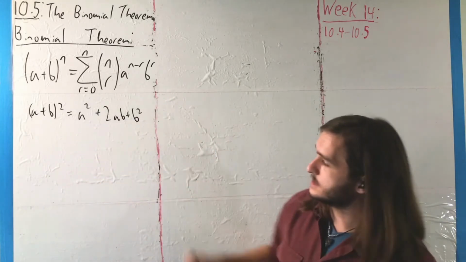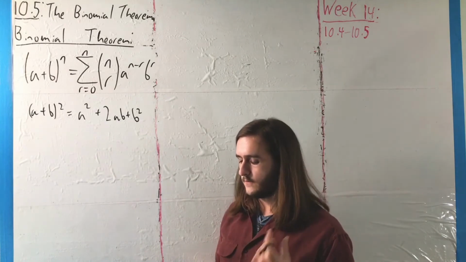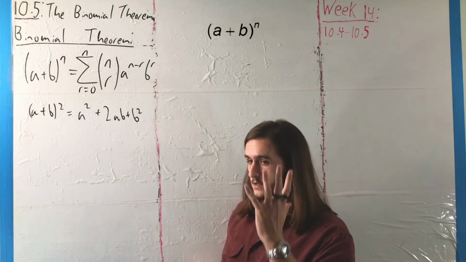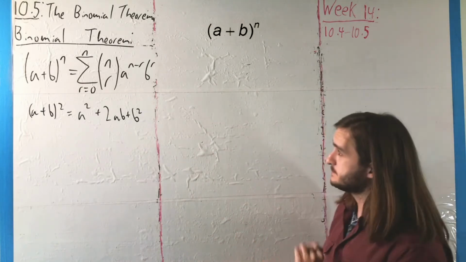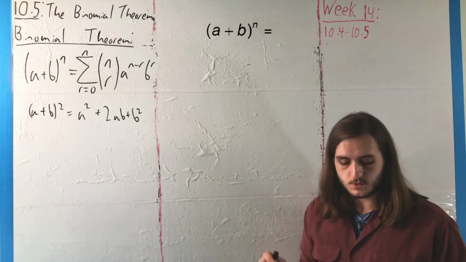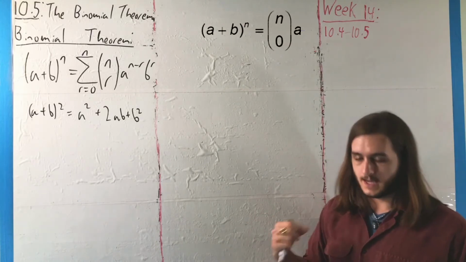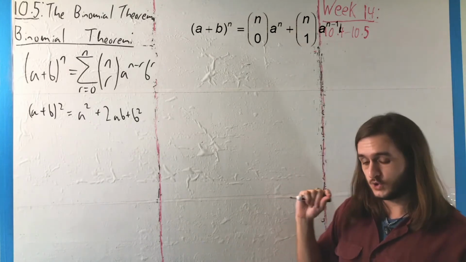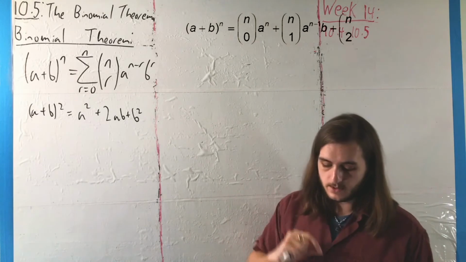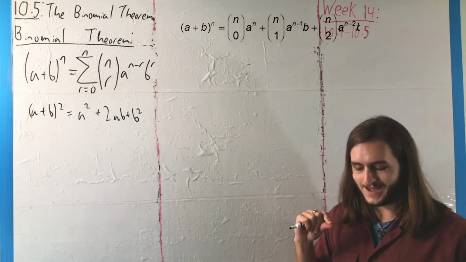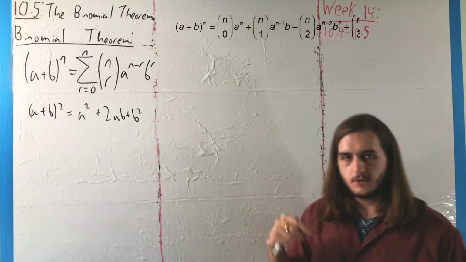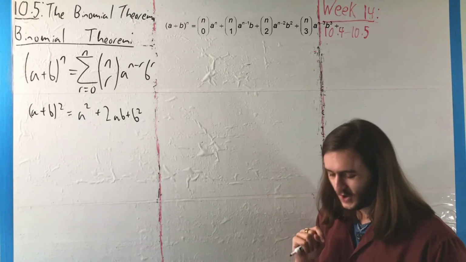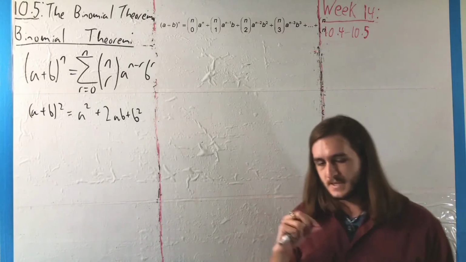Anyway, what we can do here is think about what happens if we take those values n further and further out. If we take it to some general power n, then a plus b raised to the power n is going to be equal to n choose 0 times a to the n, plus n choose 1 times a to the n minus 1 b, plus n choose 2 a to the n minus 2 b squared, plus n choose 3 a to the n minus 3 b cubed, plus a whole bunch of other things with a similar type of terminology, all the way up to n choose n times b raised to the power n.